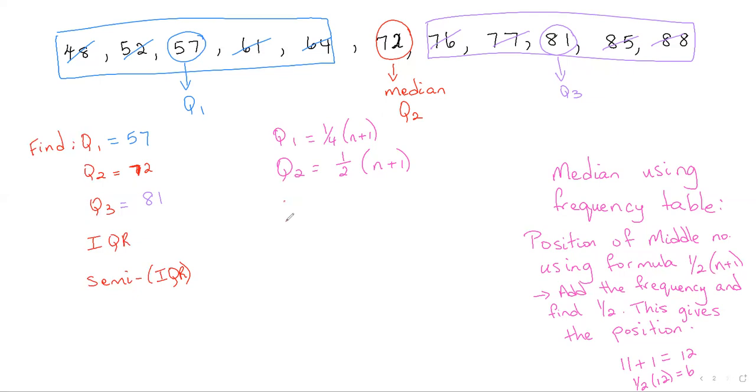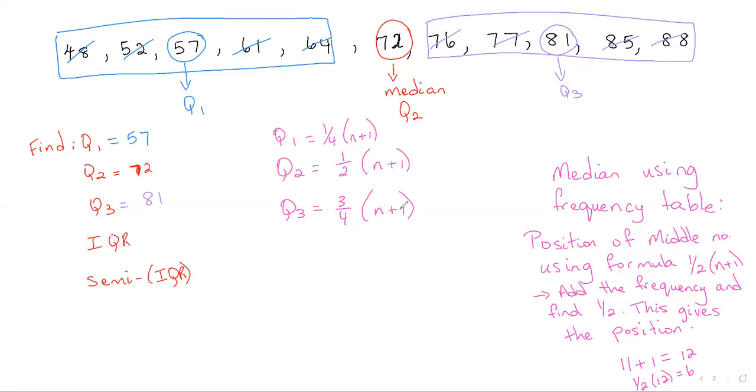And if I have to find Q3, I know that's the one that is in the position of 3/4 of all the numbers in the data. So that will be 3/4 of the n plus 1. So same thing, that will be 3/4 of 12 in this case.